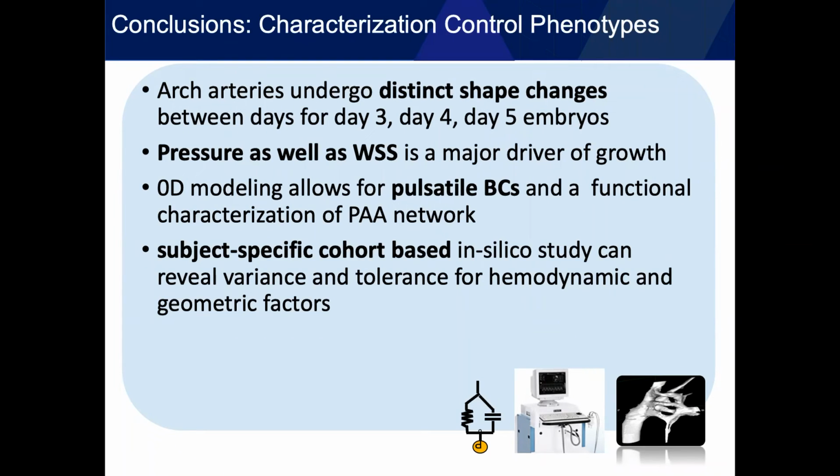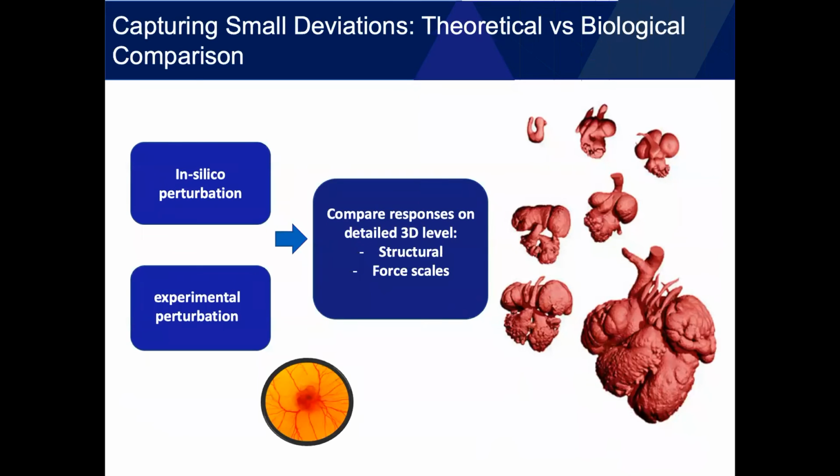After characterizing everything for all these control embryos, we went back and did some mechanical perturbations ourselves, and were able to compare them against all of this data from the control embryos. This is not in the cohort-based paper, but it is a large reason why we did the cohort-based paper. I just wanted to give you a preview of what this enabled us to do.